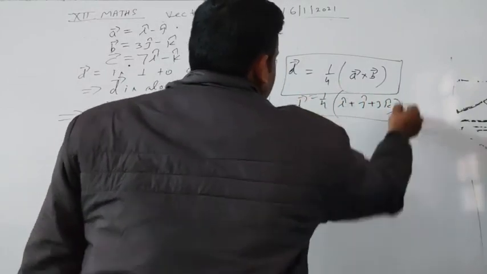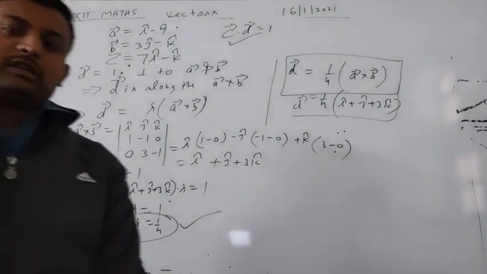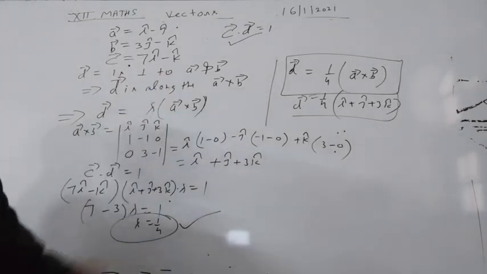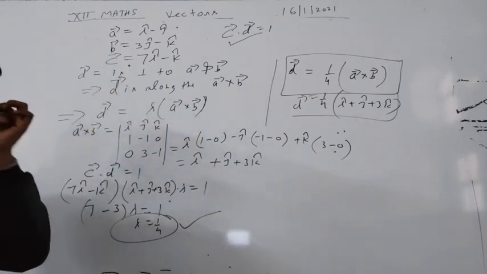So our vector D is this. This will be our required result. I hope you understand, students. Let's see once again. We are given three vectors A, B, C, and C dot D is 1, and D is perpendicular to A and B, so we can write D is along A cross B.